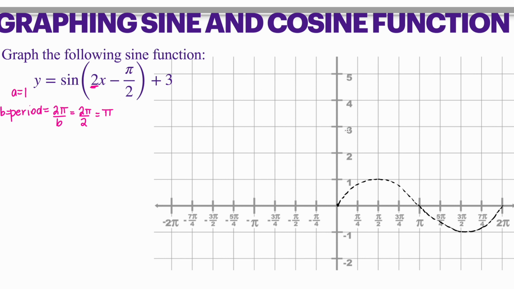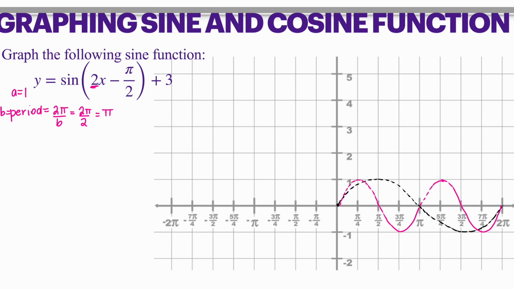So the period is pi. That means it is going to go up, down, and back up every pi.